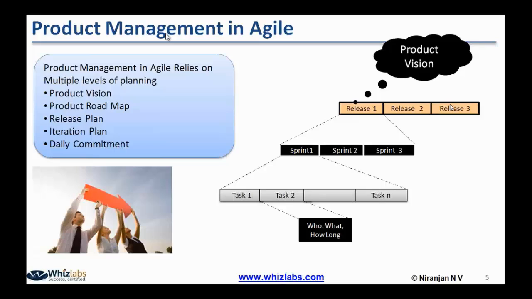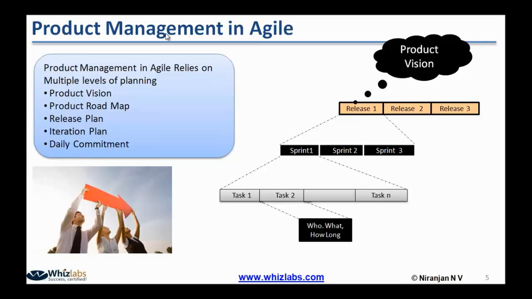Then there will be a release roadmap, and every release will have multiple sprints or iterations. Every sprint will have tasks to be executed on a daily basis, and each task will be done by one or the other agile team member. Who is going to do this task, what this task is and how long it is going to take, all this will be clearly identified before we execute the activities.